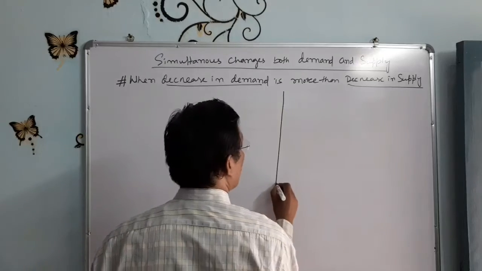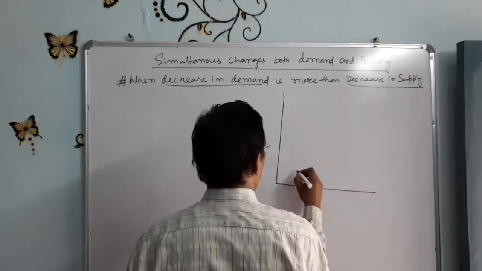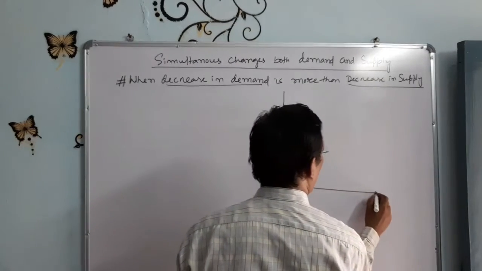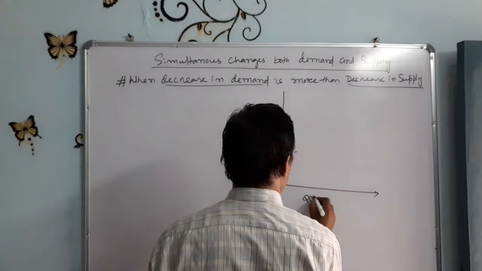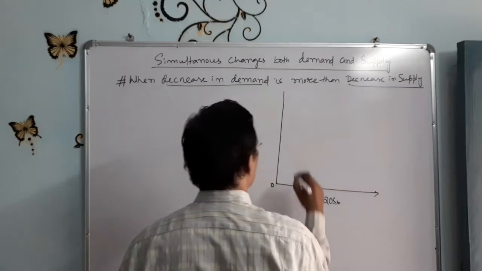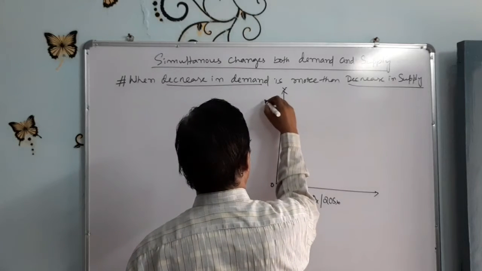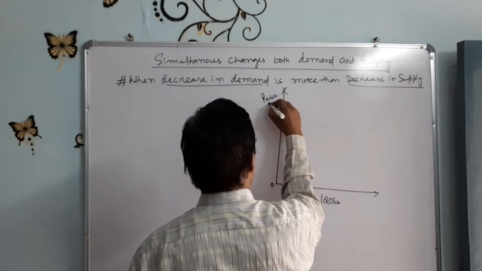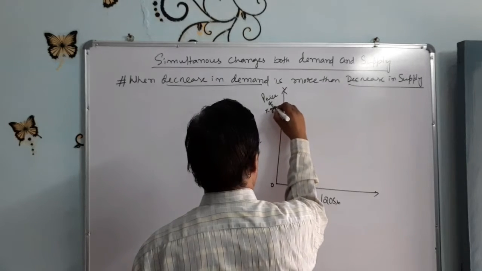Yes, students, draw the diagram. On the OX axis, quantity of demand of X goods and quantity of supply of X goods, and the OY axis represents the price of X goods.